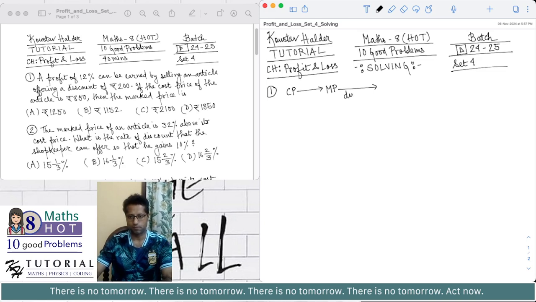Now, in this problem, the discount percentage is not given, but the actual discount amount is given, which is rupees 200. And after the discount given on the mark price, we have the final selling price, and the profit is always based on the selling price and the cost price.